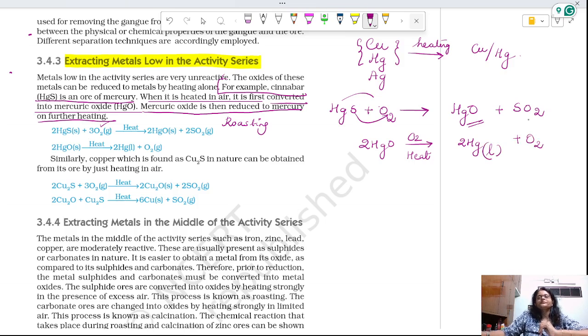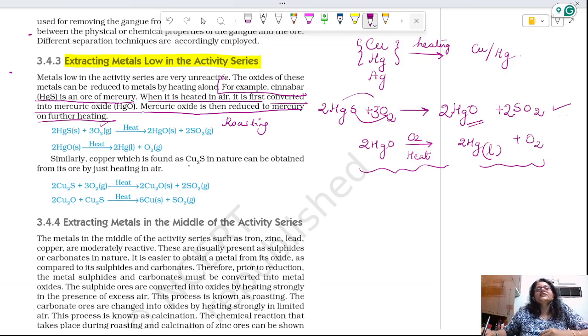So 2 molecules of mercuric sulfide react with 3 molecules of oxygen to give 2 molecules of mercuric oxide and 2 molecules of sulfur dioxide in the first step, and then HgO is heated further.